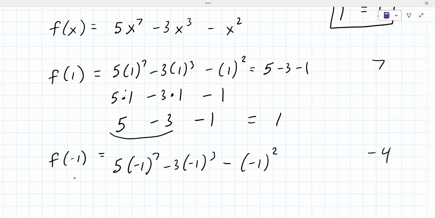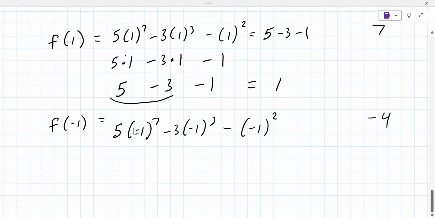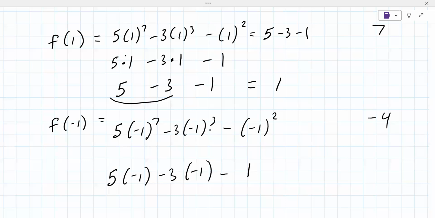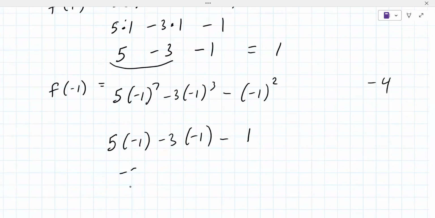So we've got -1 to the 7th, because it's -1 to an odd power, it's -1. -1 to the 3rd is -1. -1 squared, because it's an even power, becomes just 1. So now this becomes 5 times -1, which is -5.